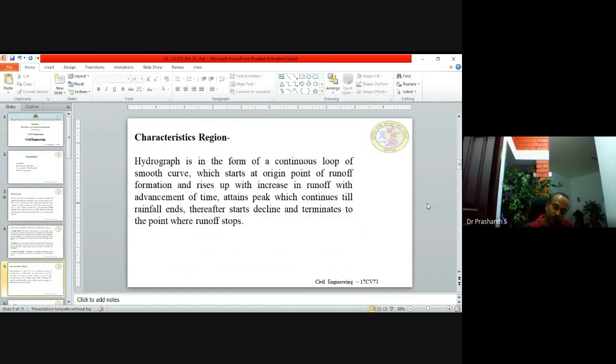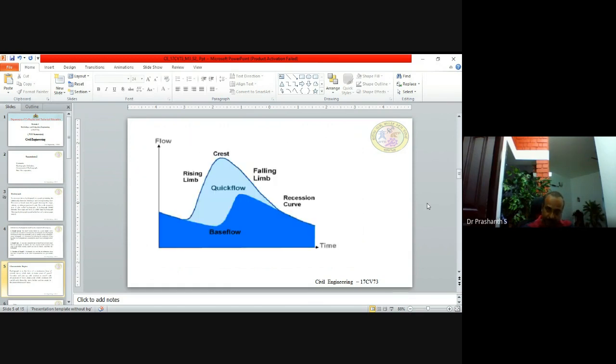I'm going to show you a typical hydrograph. See here, a graph has been plotted between flow versus time. Flow is on the y-axis, time duration of rainfall on the x-axis. It starts from here, with a minimum flow. Then the graph is rising up.